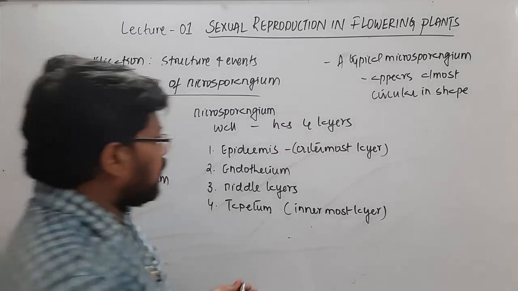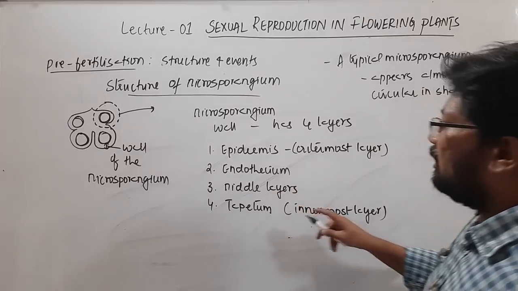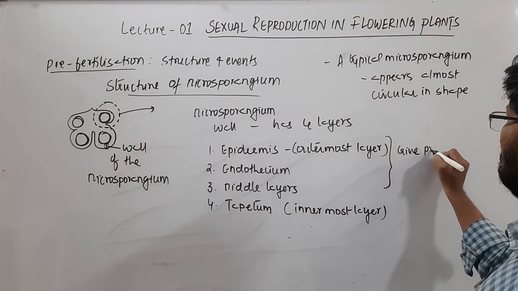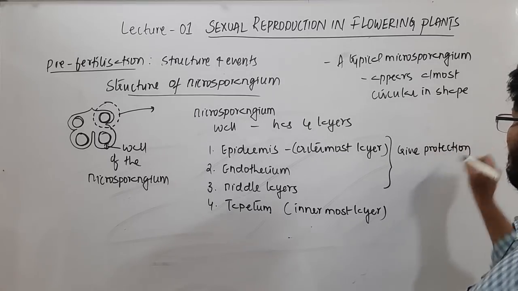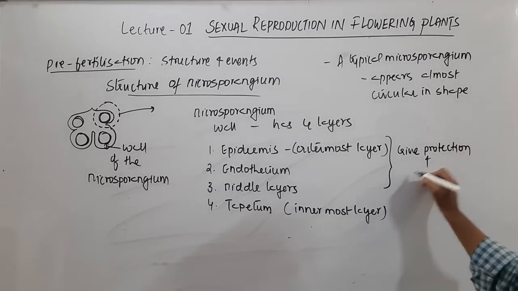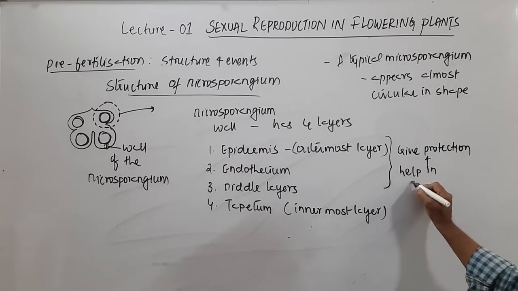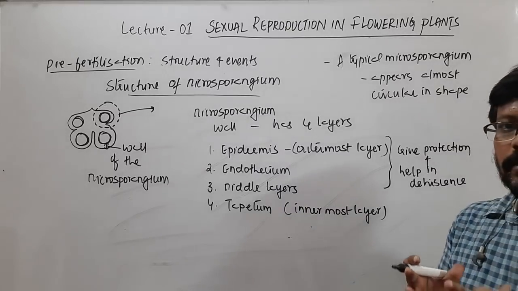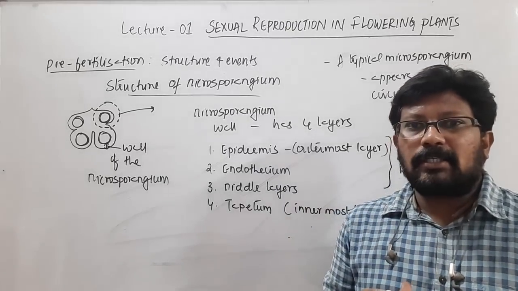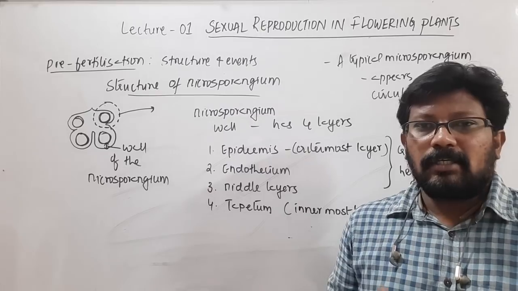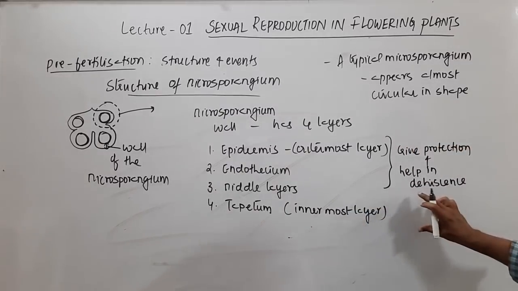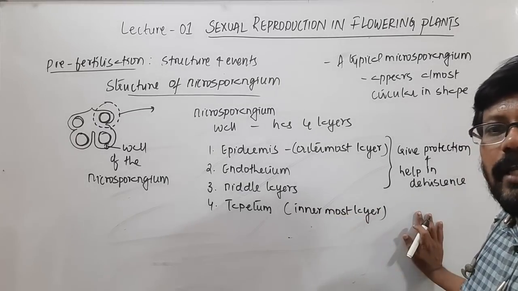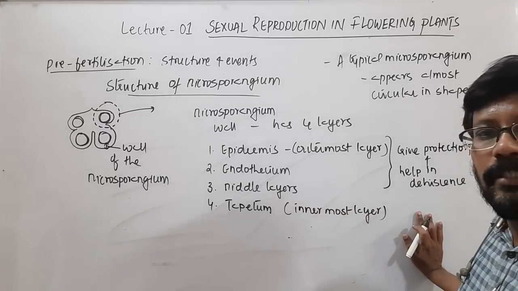The first three layers, that is epidermis, endothecium and middle layers, give protection and also help in dehiscence. Dehiscence means the split opening of the anther and releasing of the pollen grains, and it takes place at the line of dehiscence, the stomium.